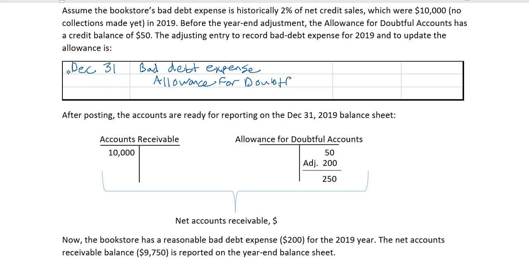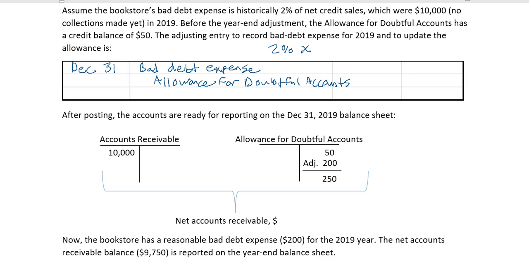And by doing this, within the same time period sales revenues are made, we will get everything matching up nicely. The bad debt is recognized in the same time period as the revenues are earned, which agrees with the matching principle. So the question is, how much should this debit and credit be?